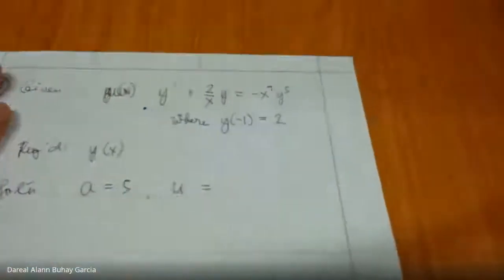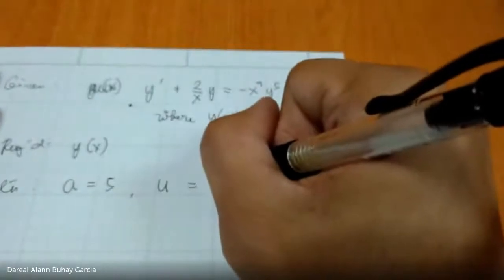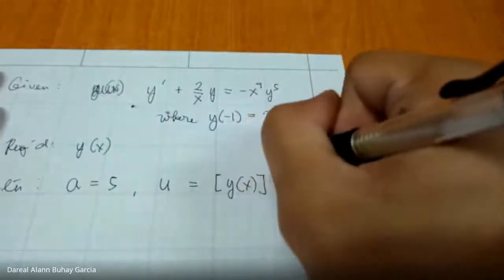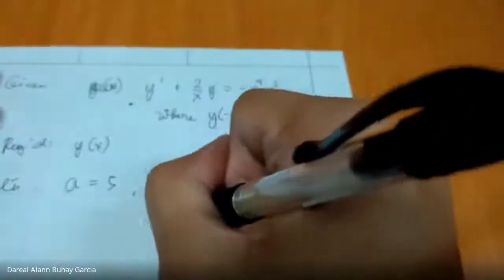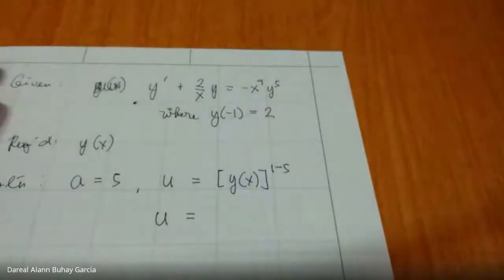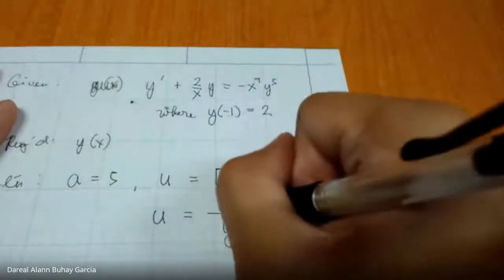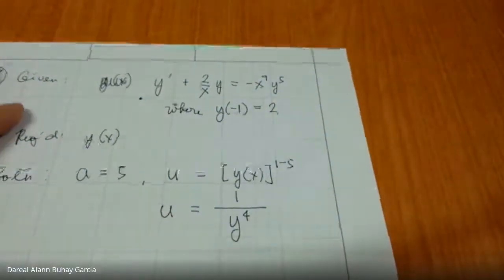Therefore, our u is equal to y of x to the power of 1 minus 5. Therefore, our u is y to the power of negative 4, so 1 over y to the power of 4.